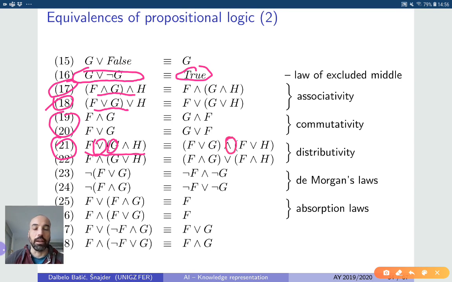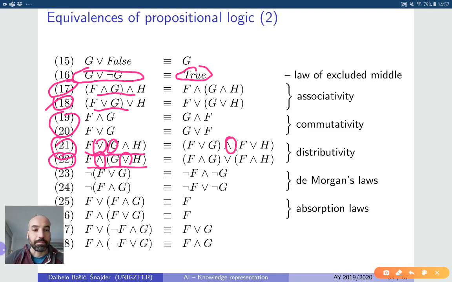Now this is like in math, where we would have distributivity of a product over a summation, but in logic the distributivity also holds the other way around. So the distributivity of the AND operator over the OR operator holds as well.